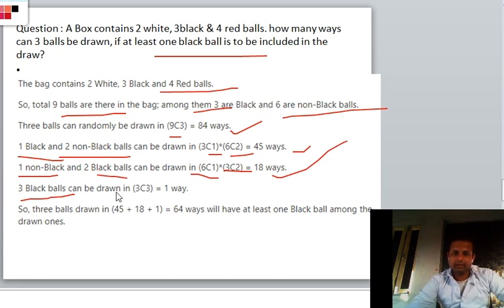Now come to case number 3. We can select all 3 black balls, and there will be only a single case. So the total number of ways in which 3 balls can be drawn such that at least one black ball is there will be 45 plus 18 plus 1, total 64 ways.